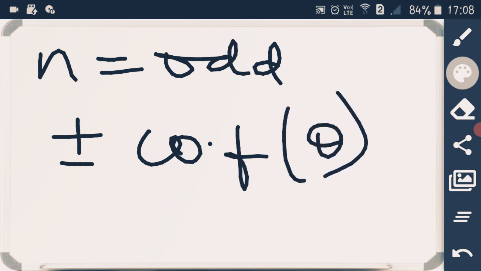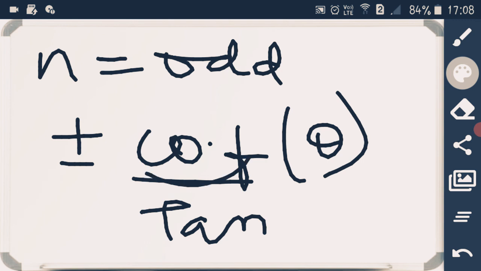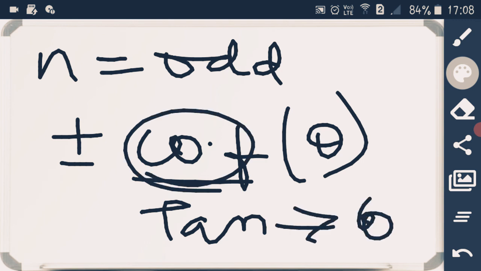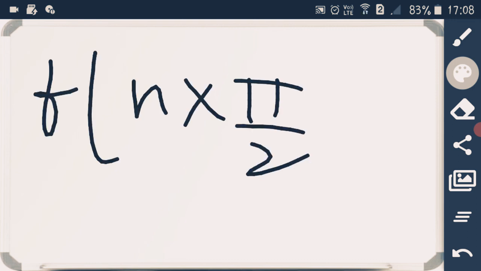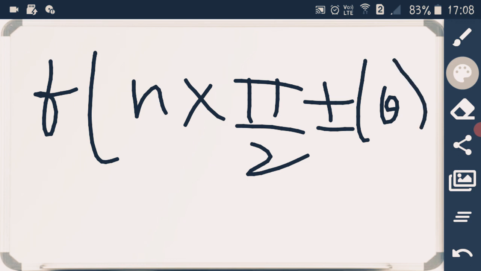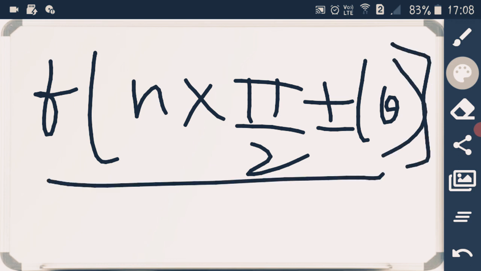Remember, if it is given here as tan, you need to change it to the cofunction, that is cot, if n is odd. If n is even, then you should keep tan as it is. Is that clear? So what was the formula? Remember, it is f of n into pi by 2 plus or minus theta.